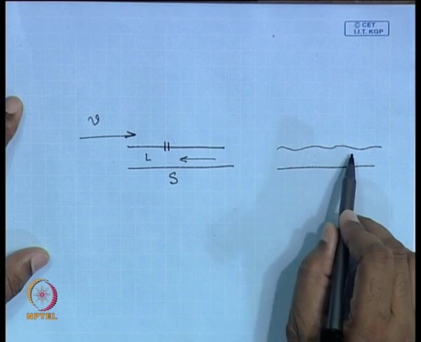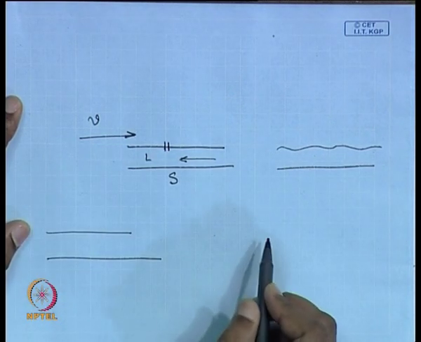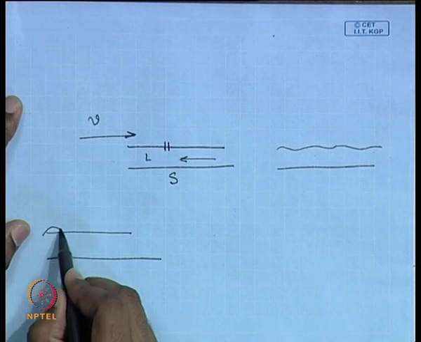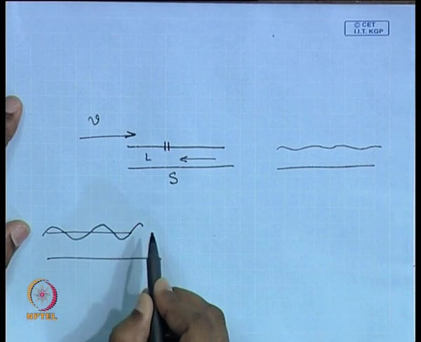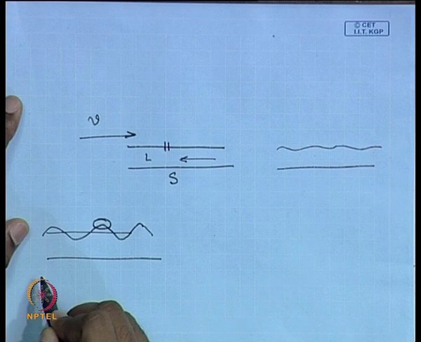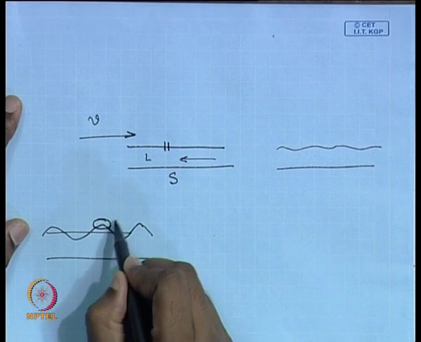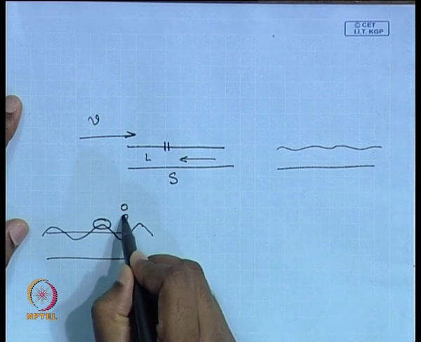Waves are going to appear at a certain point, and if the velocity of the vapor is increased beyond that point, then the waves are going to be longer, and after some velocity the tops of these waves are going to be sheared off, and these sheared off liquid droplets will come into the vapor phase.